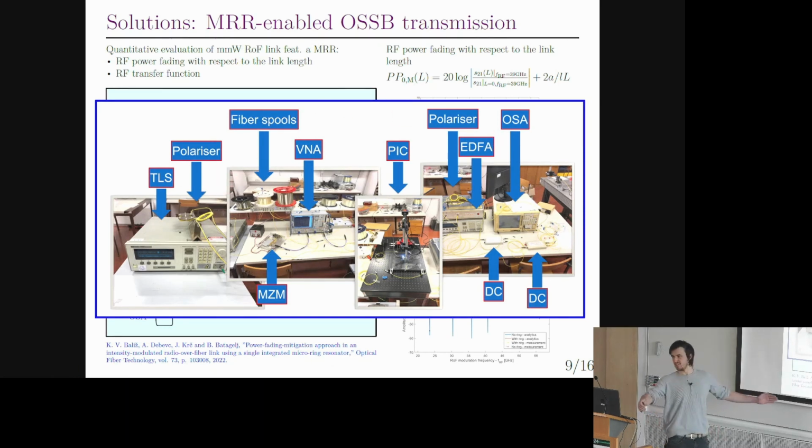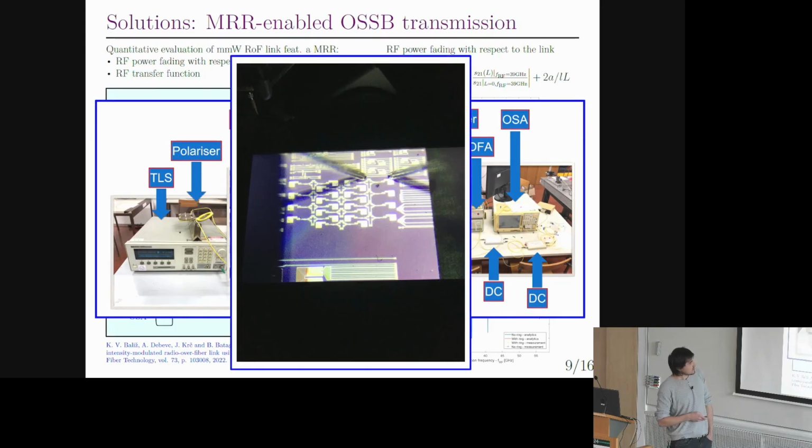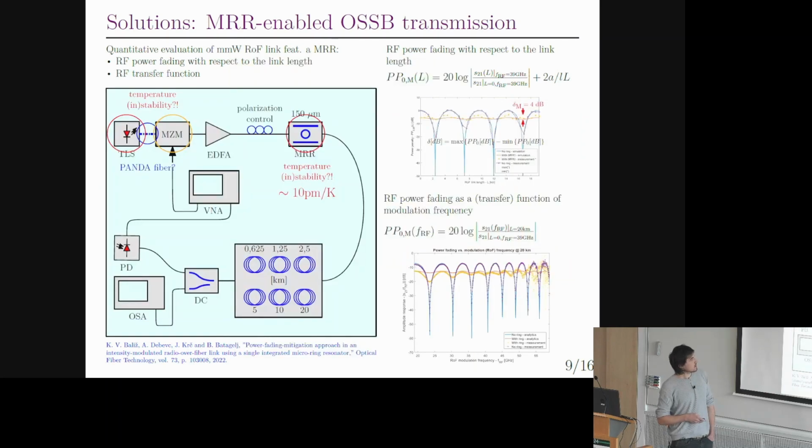The setup was configured on a 4 meters long table, but the main element, the one responsible for treating this problem, is about 3 centimeters by 1 centimeter in dimensions. So that was the ring resonator that we used on that chip.